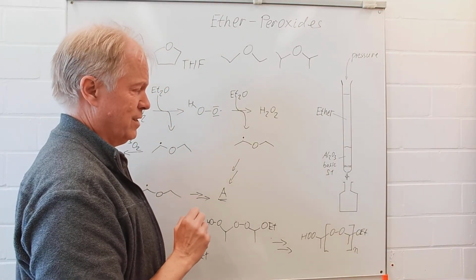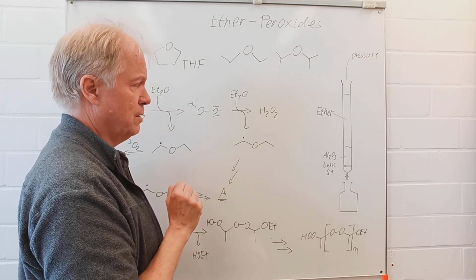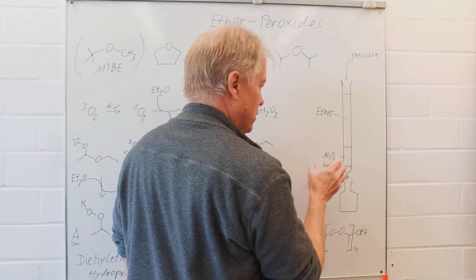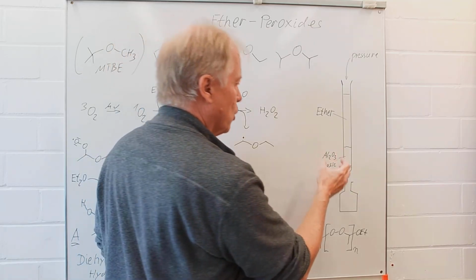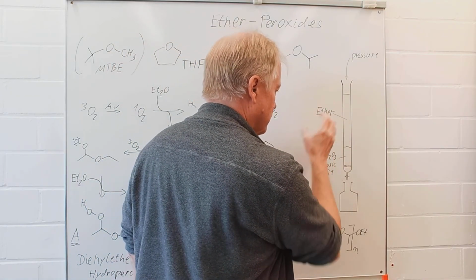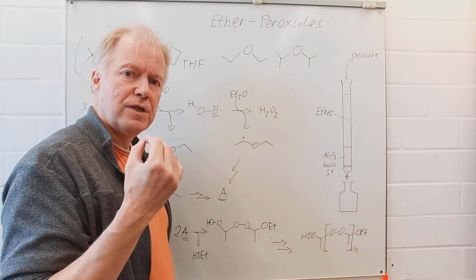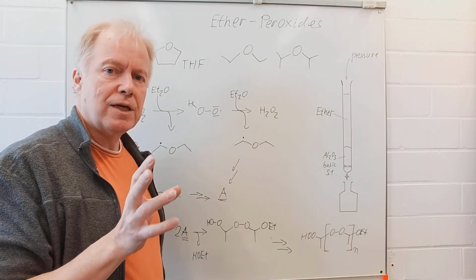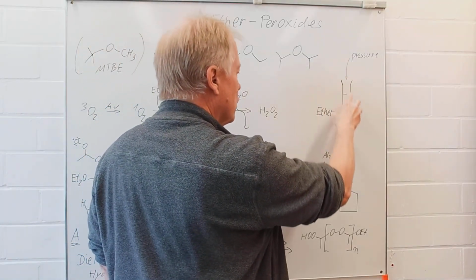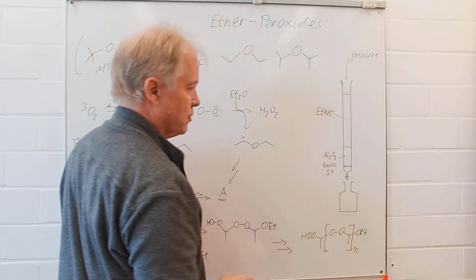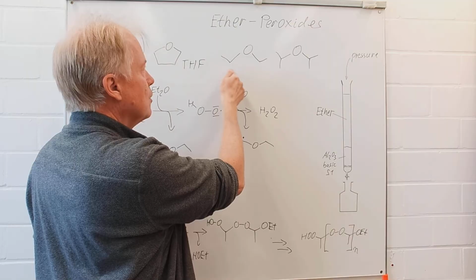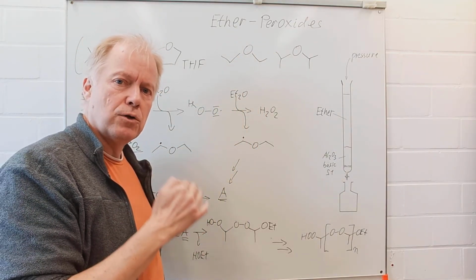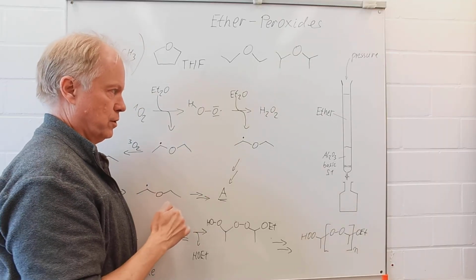And there is one additional thing you should keep in mind. As soon as the aluminum oxide comes into contact with the ether, it will develop some heat. There you must be careful. First, let it pass slowly through the aluminum oxide because, as you know, diethyl ether has a rather low boiling point.